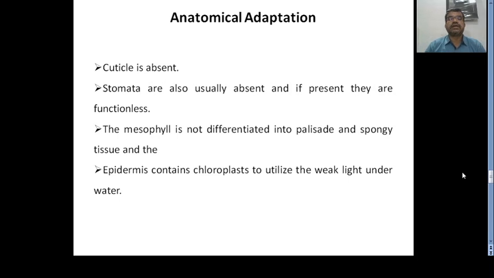So adaptation is very much necessary for these plants as they have to survive in extreme water habitats. It is also referred to as adjustment. They are well adjusted, they are well adapted to these extreme watery habitats. So for that they have to adapt themselves morphologically and anatomically so that they can survive in this type of extreme conditions.